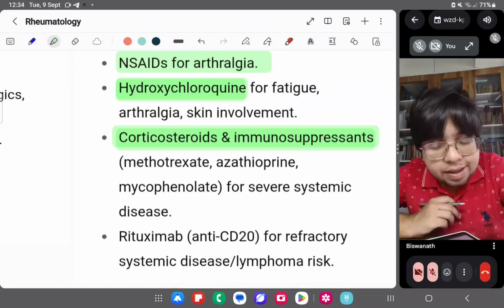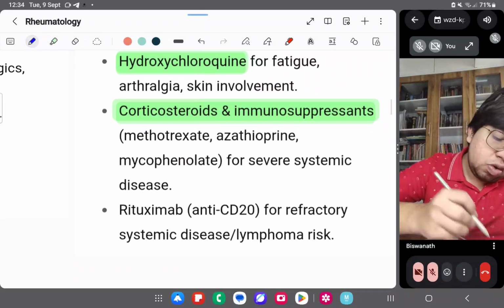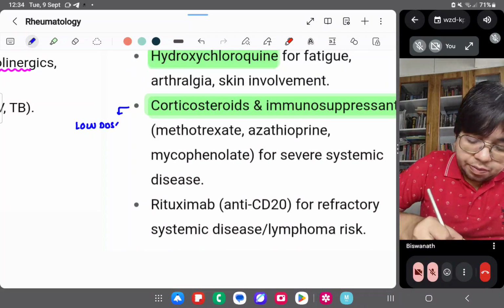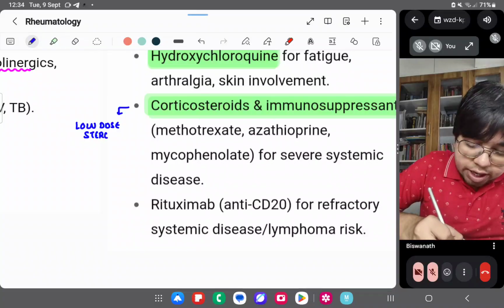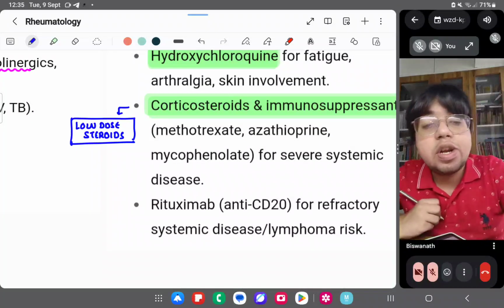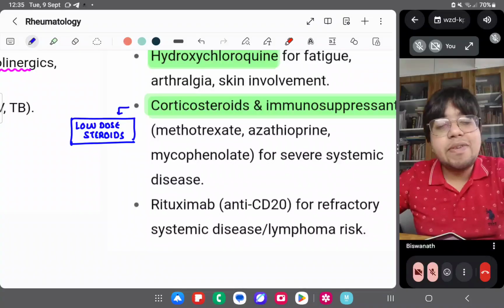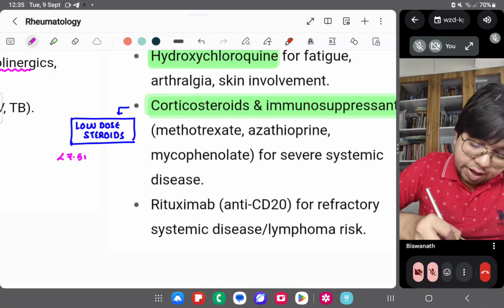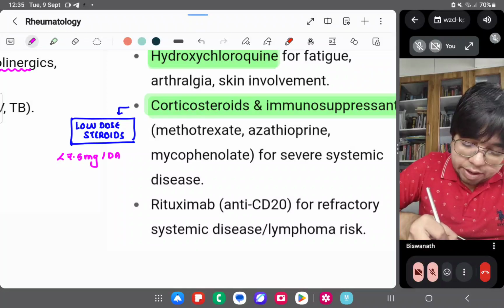If you have fatigue and arthralgia, then you can give low dose steroids. By low dose steroids I mean less than 7.5 milligram per day.